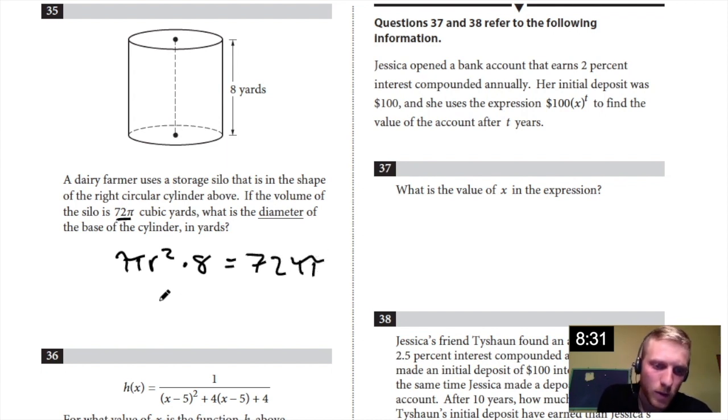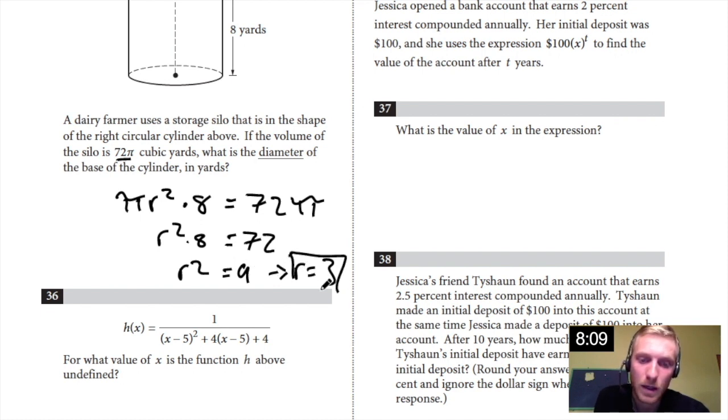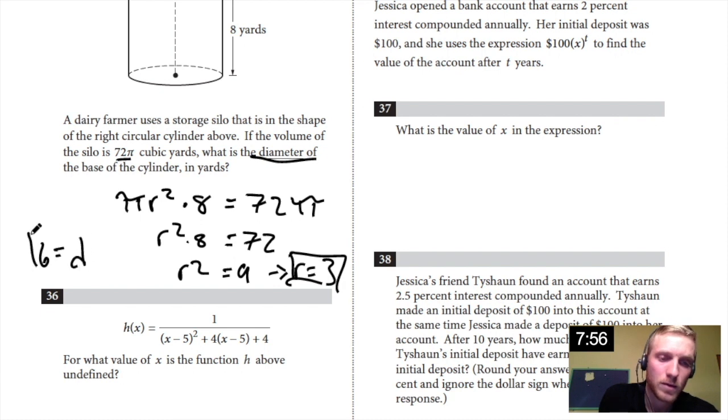Dividing both sides by pi, we're left with r squared times 8 is equal to 72. Dividing both sides by 8, 9 times 8 is 72, so r squared is equal to 9. Taking the square root of both sides, r is equal to 3. But we want the diameter. Diameter is twice the radius, so 2 times r, in other words 2 times 3 is equal to d, so 6 is equal to d. So our answer should be 6.